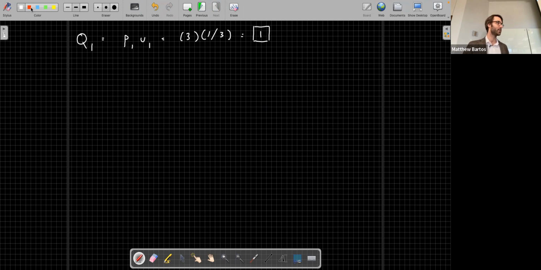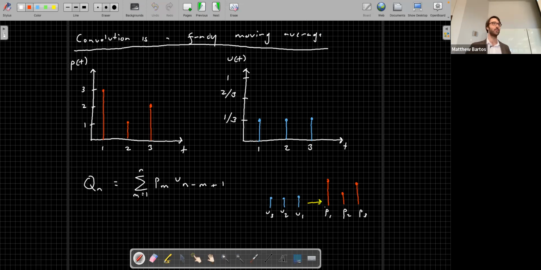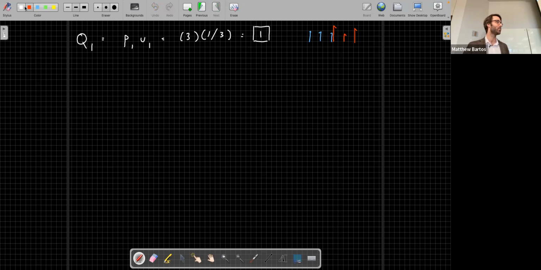So what we've done here is we took our original function, we have our U here, and we slid U over the P function. We slid U over by 1 so that U1 and P1 are overlapping. For the next time increment, Q2, we take this and slide it over again.